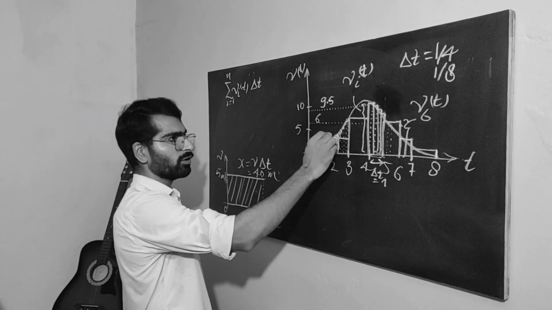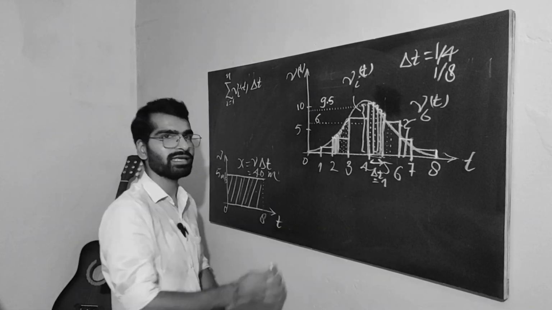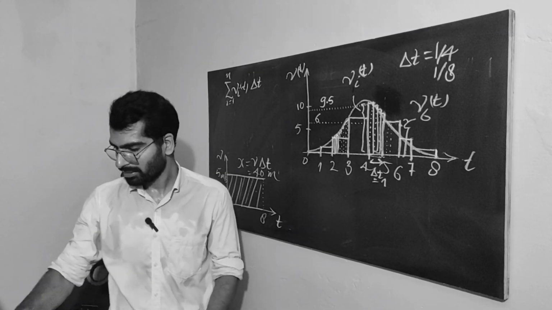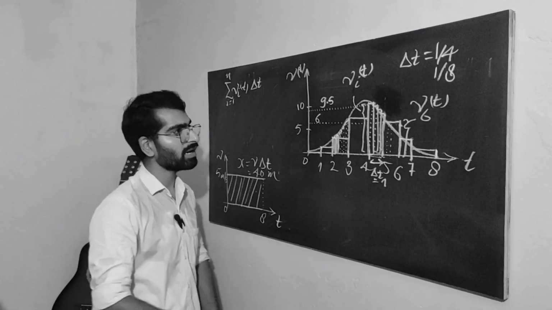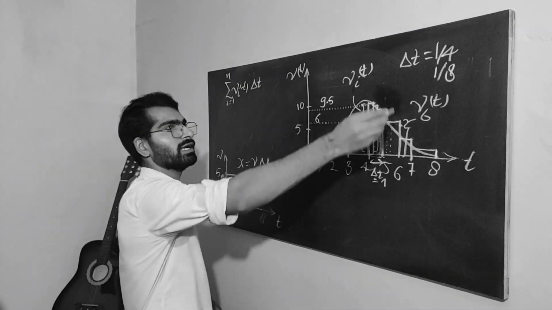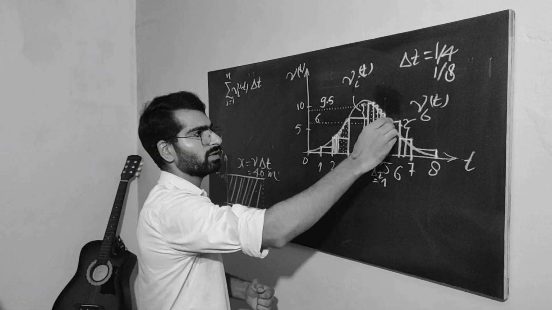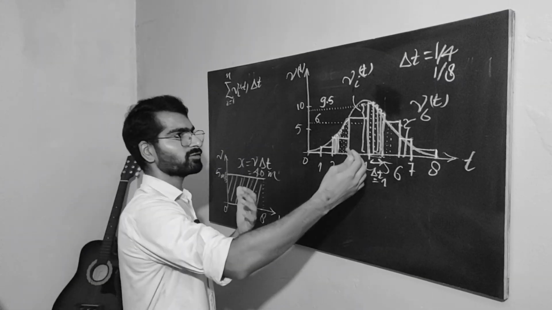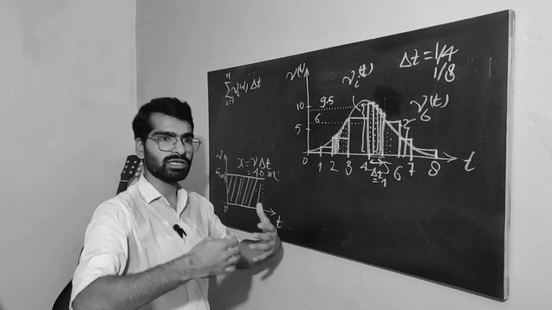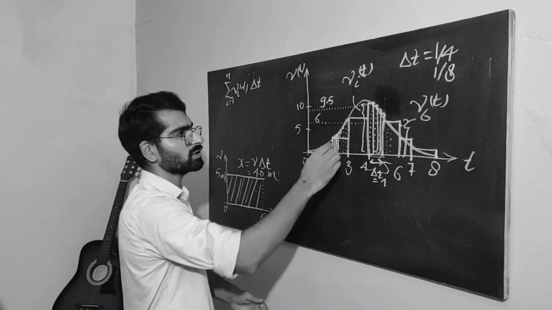And look, this was the lowest area that we couldn't consider, and now we are gaining that, right? And you have to do the same idea here. I have to divide all of these rectangles into 1/8 of a second, and then you will see that some of that extra area is disappearing, and some of that lost area is coming back.